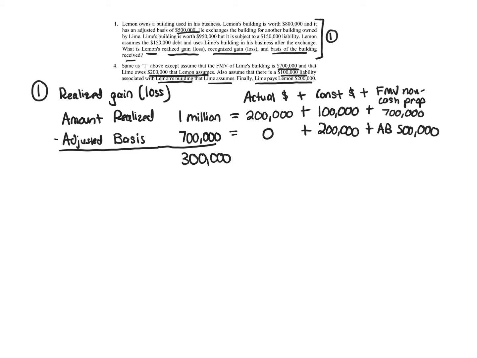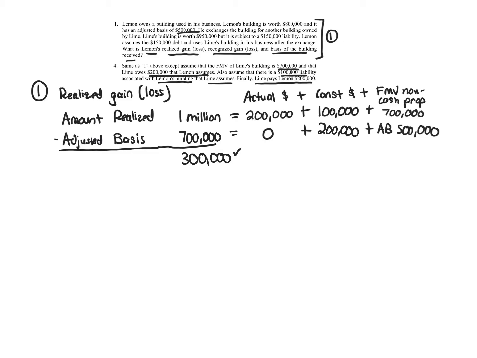Before we move on to the rest of the problem, I want to note that in problems 1, 2, and 3, which involve Lemon and Lime, you'll note that the realized gain or loss in all 4 is $300,000. But you'll also see that in problem 1, problem 4, 2, and 3 there's a different recognized gain or loss amount. So it changes.